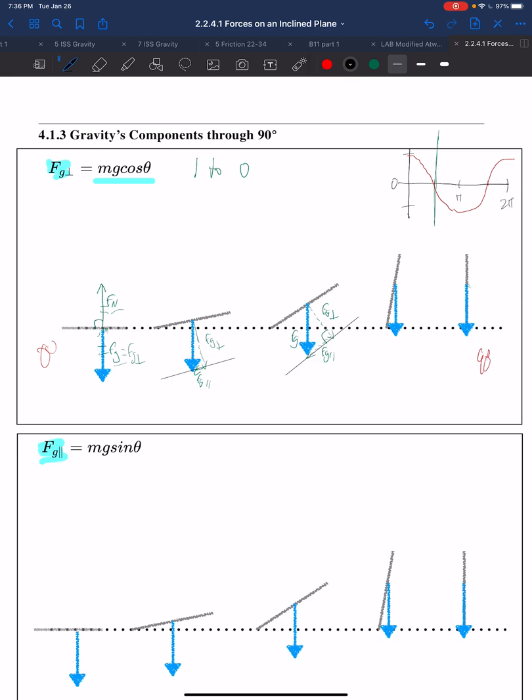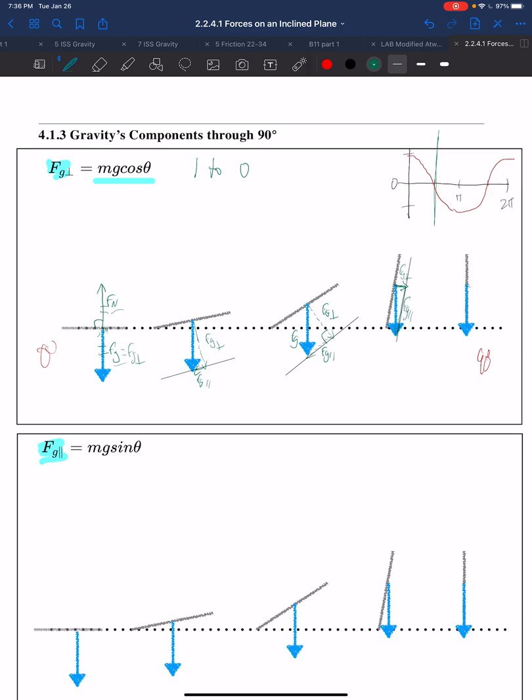We draw a line parallel through the end of the weight vector. We now draw a vector that is perpendicular to the incline, and we can see now that's the force of gravity perpendicular, how small it's gotten indeed. But notice now we have a much bigger force of gravity parallel.